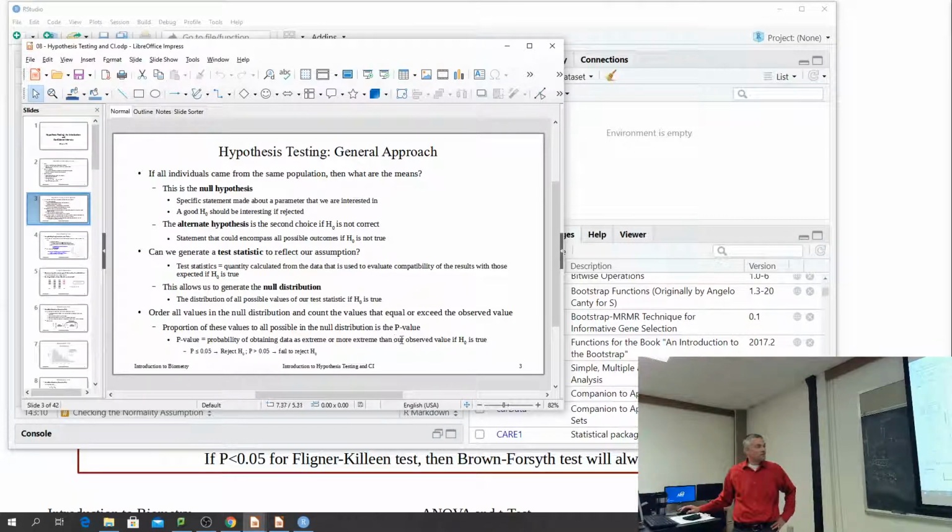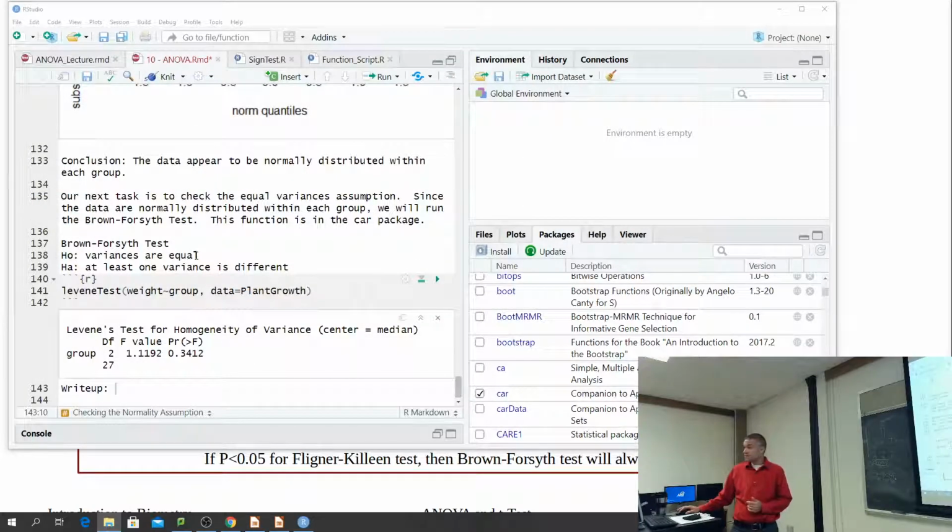The p-value is the probability of obtaining data as extreme or more extreme than our observed value if our null hypothesis is true. So our null hypothesis in this case for a Brown-Forsythe test is that our variances are equal. And if our variances are equal, then our F ratio is probably going to be 1. So we have a test statistic.